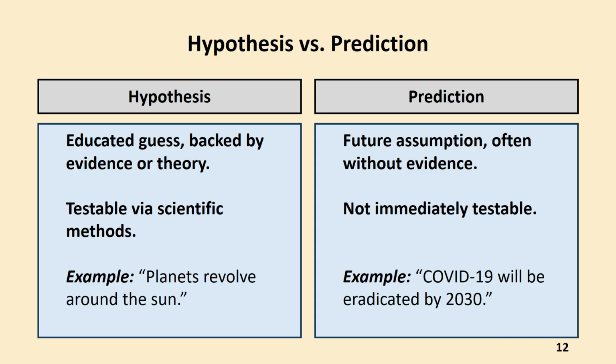How it will be eradicated, how you can give answers to a certain problem, that is the purpose of research. So overall, try to understand the difference between hypothesis and prediction, and avoid making unevidenced statements in the form of prediction. Make statements in the form of a hypothesis, which should be testable via scientific methods.